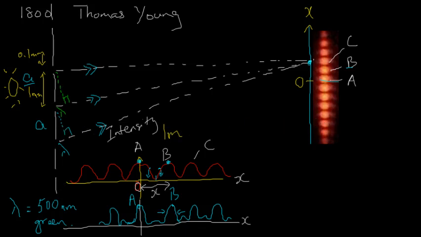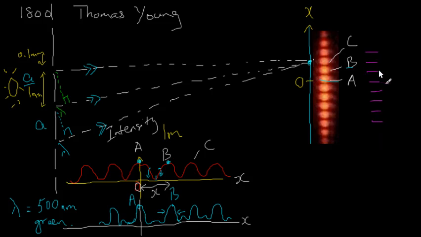So it might look something like, for example, just narrow lines that we have for the fringes, because there's so much cancellation in between peaks.